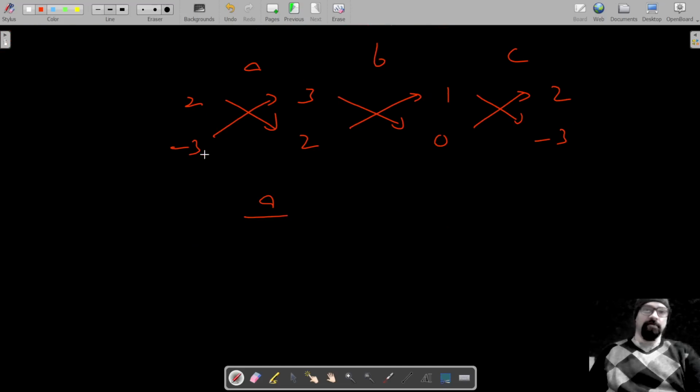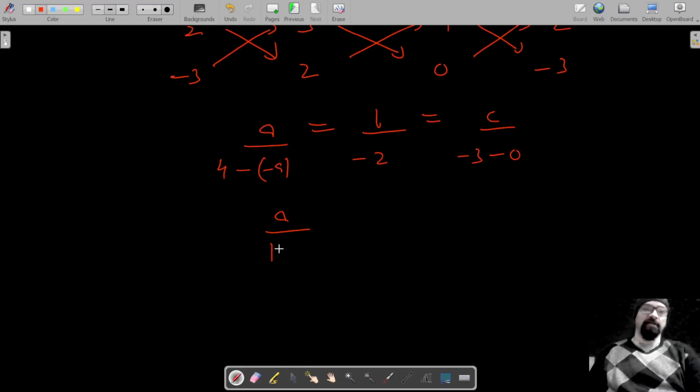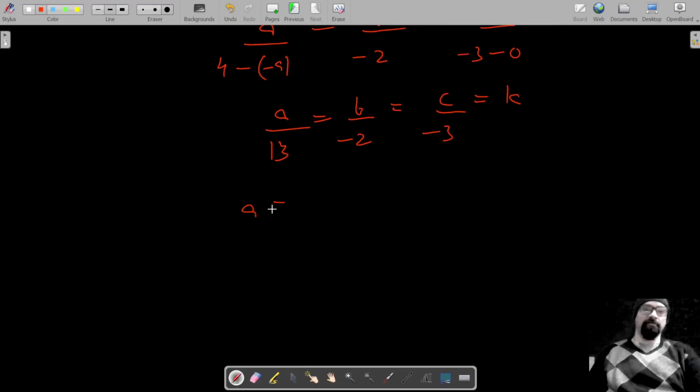Okay, so this can be written as a, 2 into 2 is 4, minus negative 9, is equal to b, 3 into 0 is 0, minus 2, 1 into 3 is 3 minus 0. So this is a upon 13 is equal to b upon negative 2 is equal to c upon negative 3. Let's say is equal to k. So a is equal to 13k, b is equal to minus 2k, and c is equal to negative 3k.